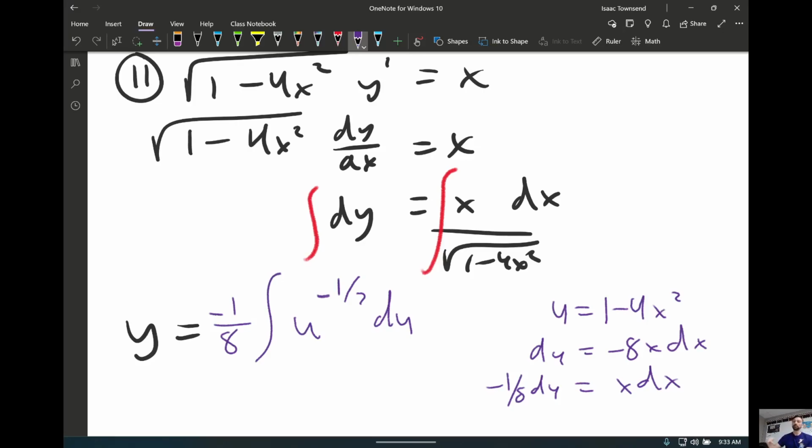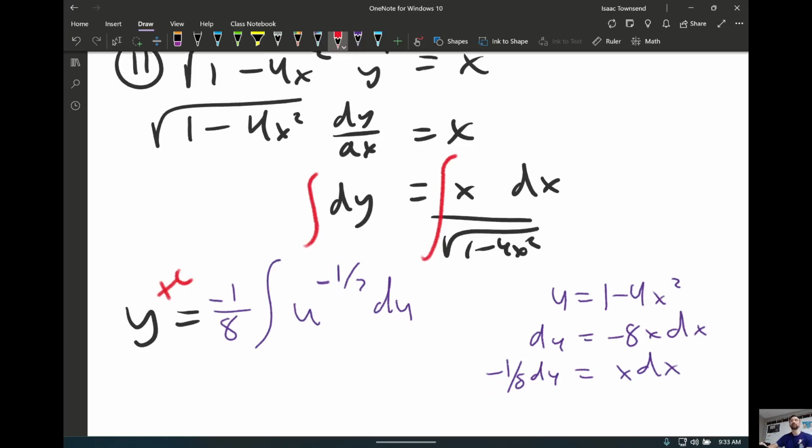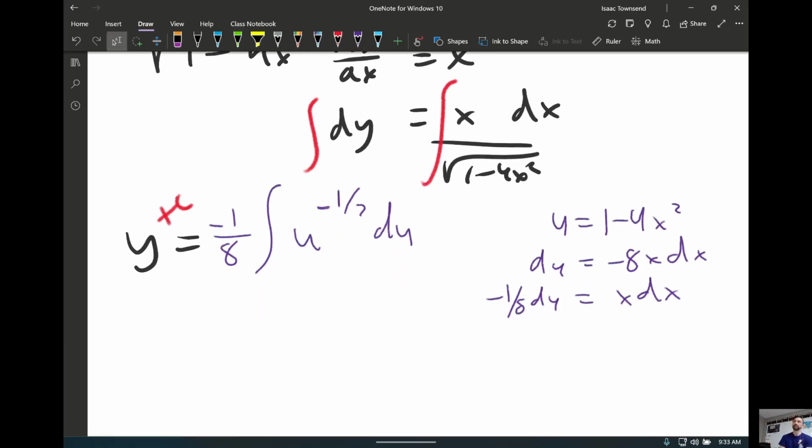You have to do the plus c. Even if I only integrated the left side so far and I haven't had time to finish integrating the right side, when I integrate this, I need a plus c. That's not correct without a plus c. Now, when you integrate both sides at once, you only need 1 plus c, but this doesn't make sense without the plus c. If you integrate either side, you better put a plus c, even if it's just temporary.